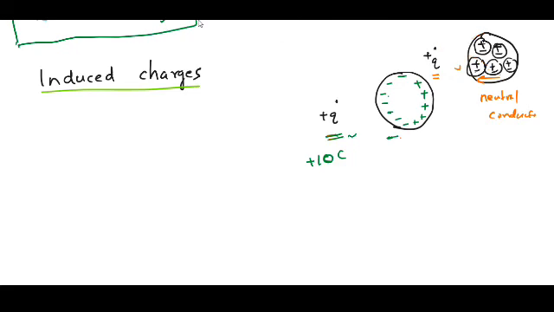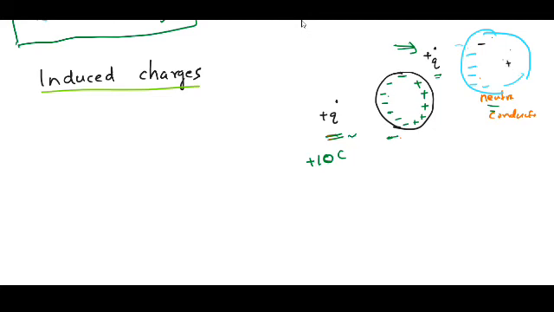Actually, what happens here, when we place a plus Q charge, this plus Q charge attracts all the negative charges from all sides of this conductor towards it. Therefore, all the negative charges will reach here, and because of the repulsion, the positive charges move away.